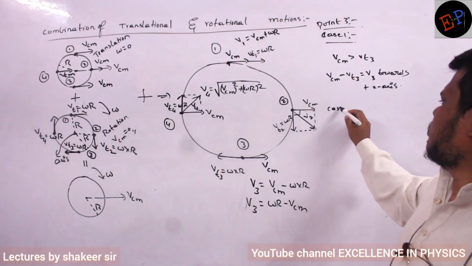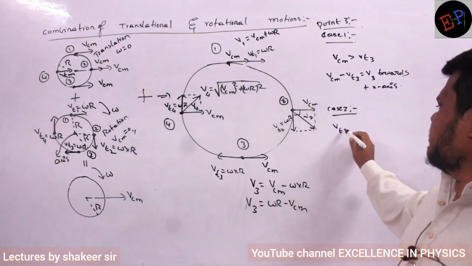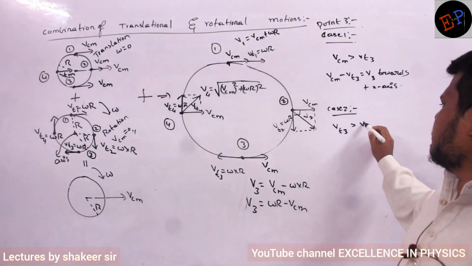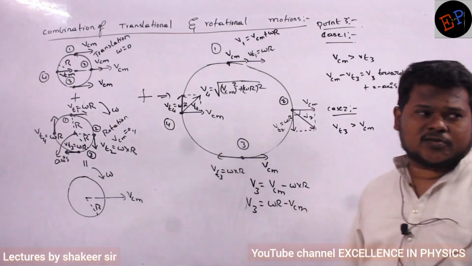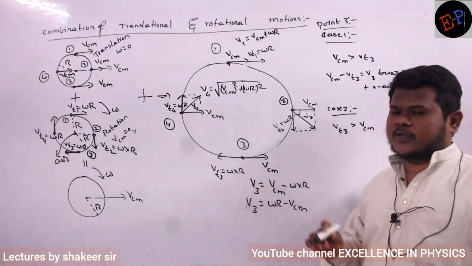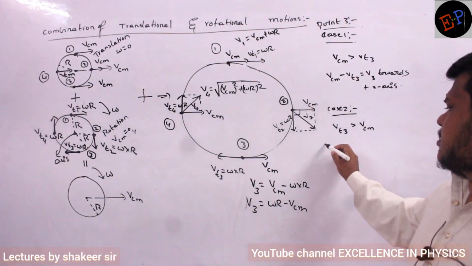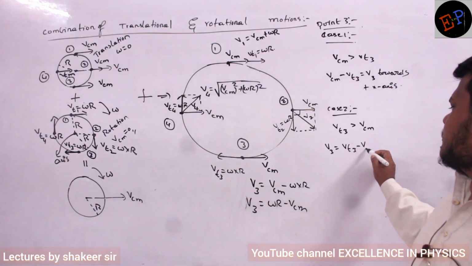Next, case number 2. The second case which is possible is tangential speed may be greater than velocity of center of mass. This is also possible, no? This velocity may be greater than this velocity. Then what is the net velocity of point number 3? Vt3 minus Vcm.